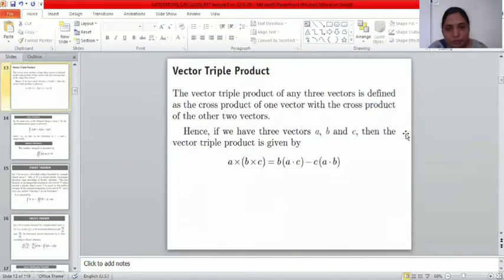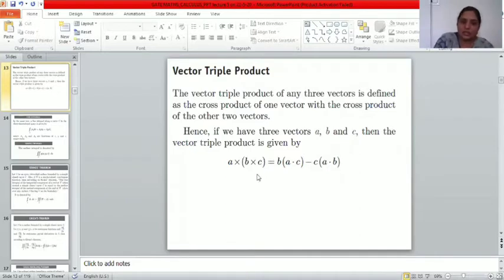Next, vector triple product. So the vector triple product of any three vectors a bar, b bar, c bar is a bar cross b bar cross c bar. There is a cross product of two and again a cross product with the third. So a bar cross b bar cross c bar can be defined as b bar into a bar dot c bar minus c bar into a bar dot b bar.